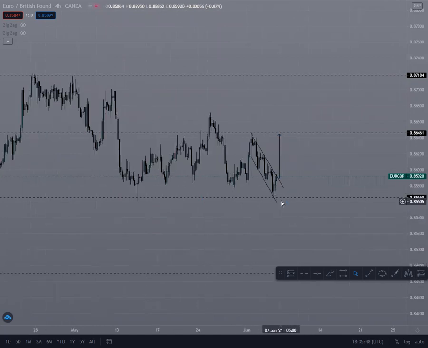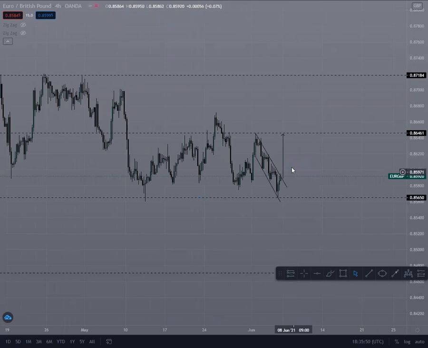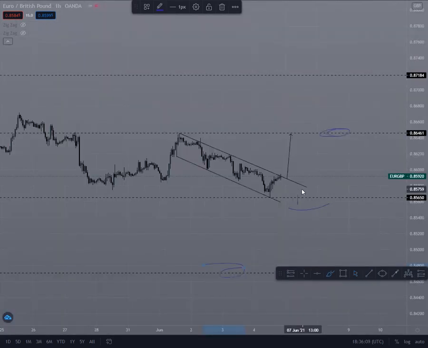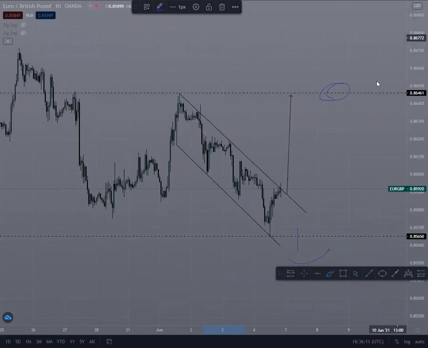So since it has rejected these areas, guys, of course our next point where it's going to get to is this area here, right? If it had actually broken out of here, we would be looking for a sell until we get to these areas. But because it actually rejected those areas, we are now going to be looking for a buy to the top.